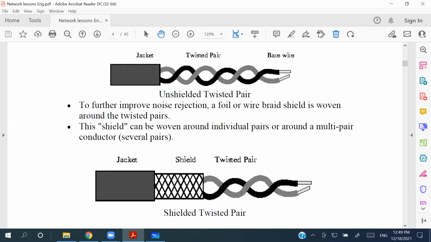So the shielded twisted pair gives you much clearer transmission compared to the unshielded twisted pair. And when it comes to cost, the UTP is low in cost, and comparatively, the shielded twisted pair is expensive.